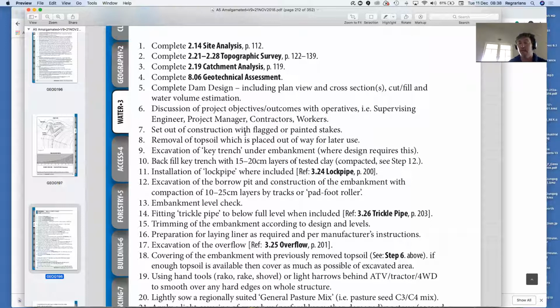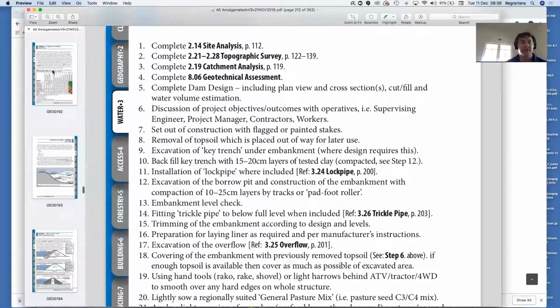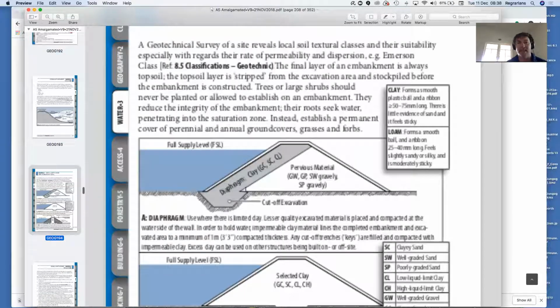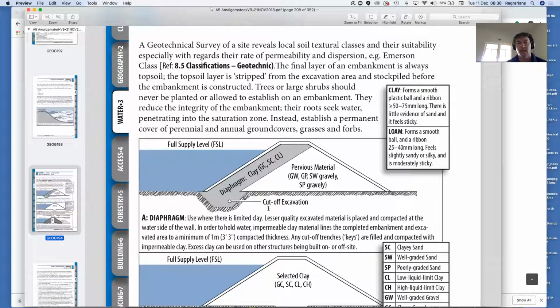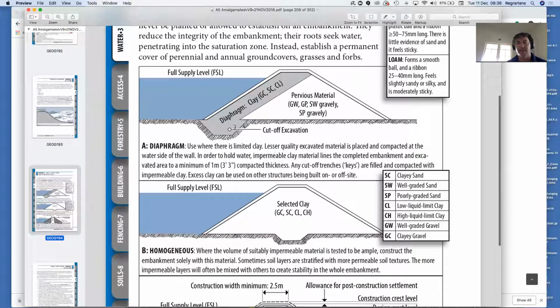If required, and it's not always required, depending on the geotechnical investigation, you build a key trench, which is that trench you would have seen in the diagrams before, which goes under the embankment. It's either directly under it or to the front of it if it's a diaphragm dam.